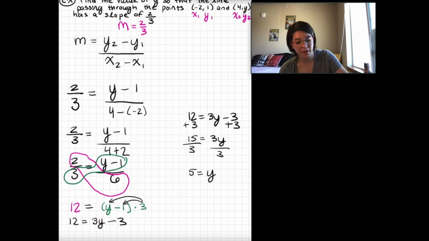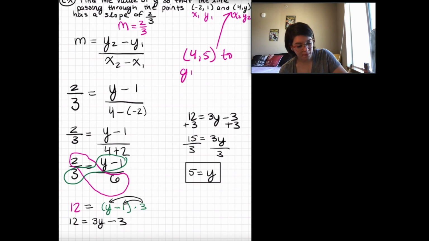So our y value would have been 5. So in other words, this second coordinate point would have been 4, 5 to give us a slope of 2/3.